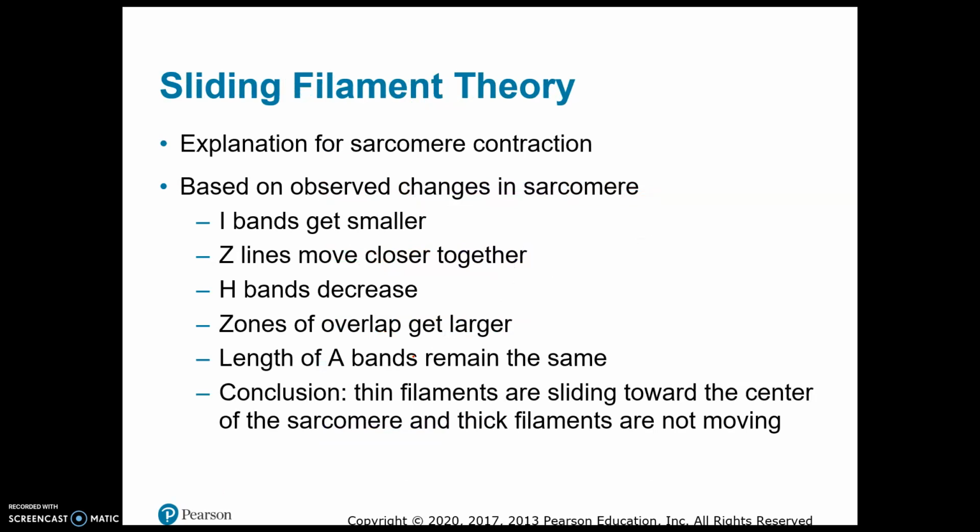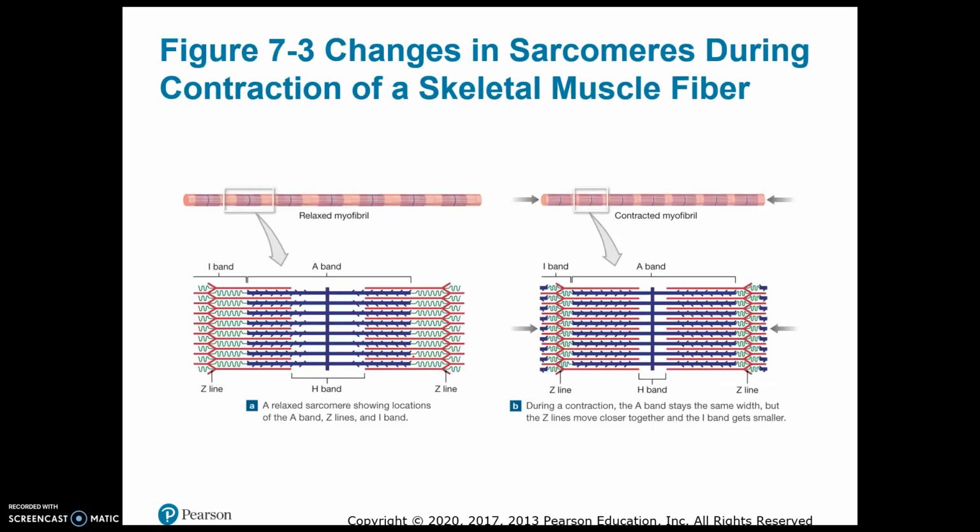Okay, the explanation for sarcomere contraction is called the sliding filament theory. And this is what it looks like. Okay, so this is a relaxed sarcomere. Notice the H band and how wide it is. Okay, then in a sarcomere that is contracting, the actin filaments will move closer together.